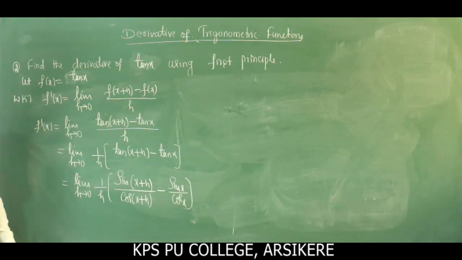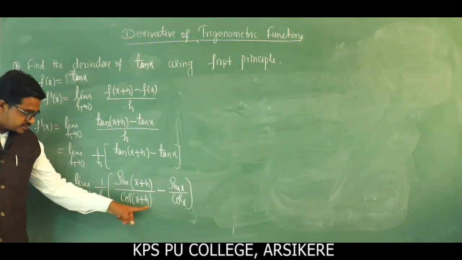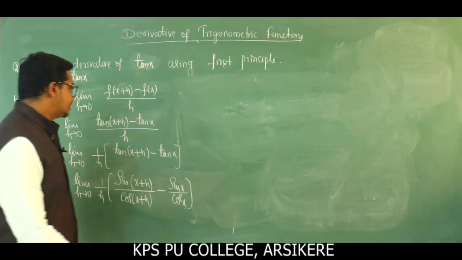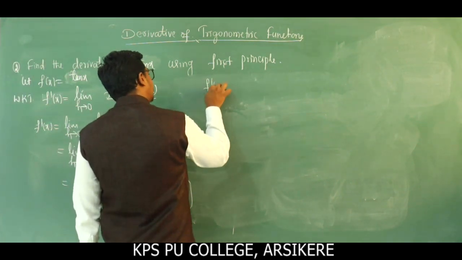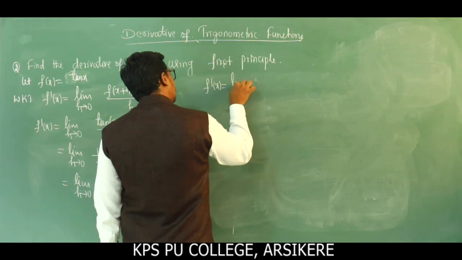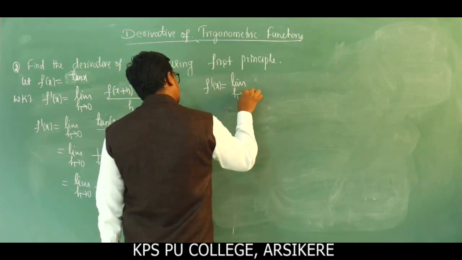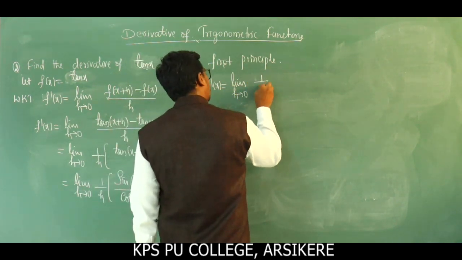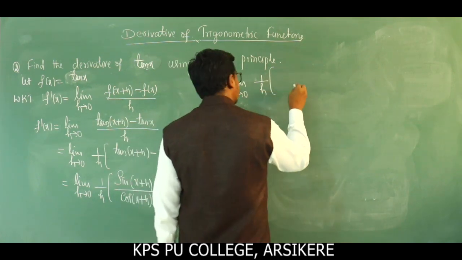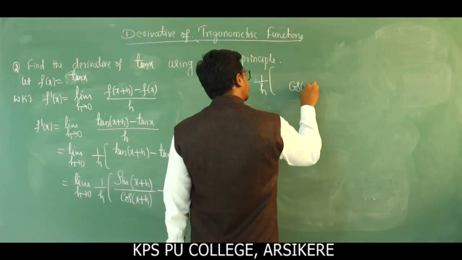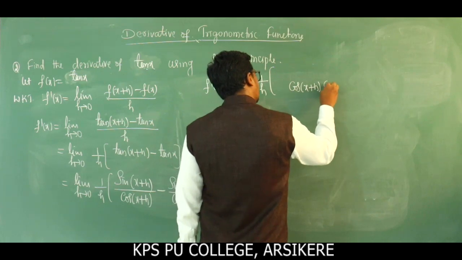Take the LCM. What is the LCM here? Cos of x plus h into cos x is the LCM. Therefore f dash of x is equal to limit as h approaches 0 of 1 divided by h, and here the LCM is cos of x plus h into cos x.